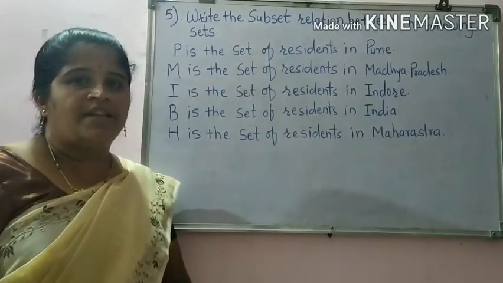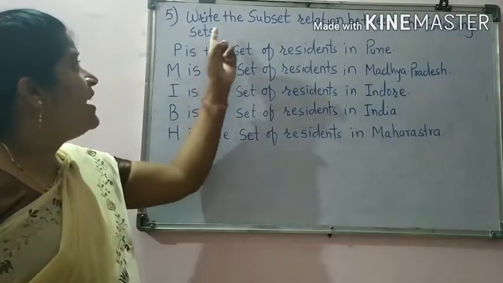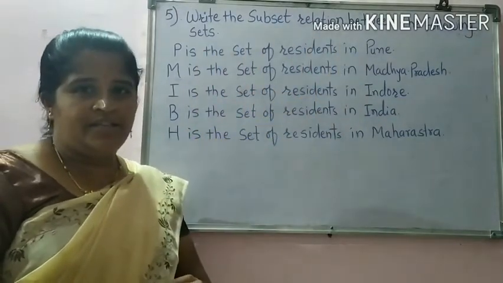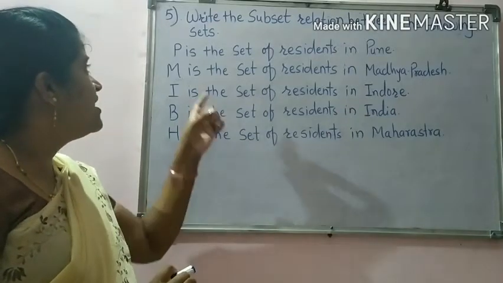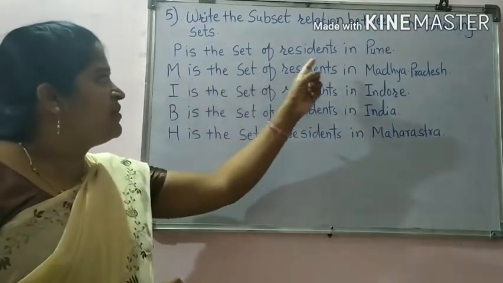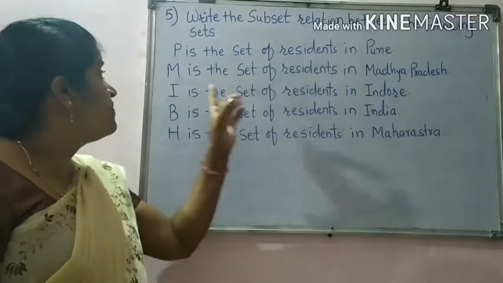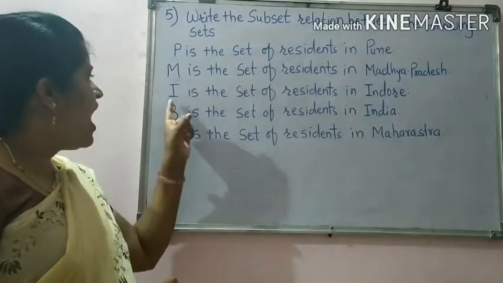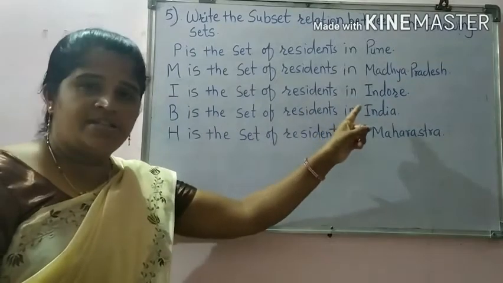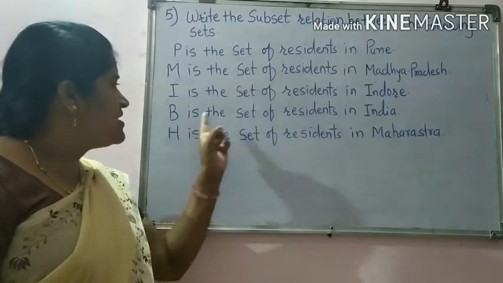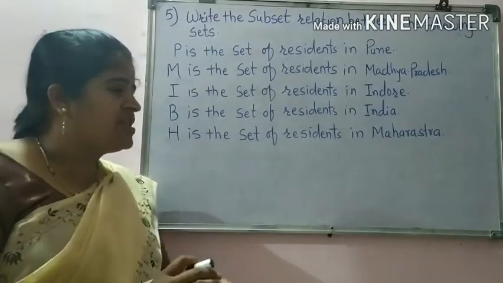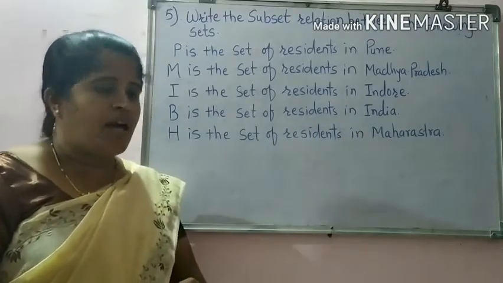Example from the practice set is: write the subset relation between the following sets. Now here are some sets. P is the set of residents in Pune. M is the set of residents in Madhya Pradesh. I is the set of residents in Indore. B is the set of residents in India. And H is the set of residents in Maharashtra.